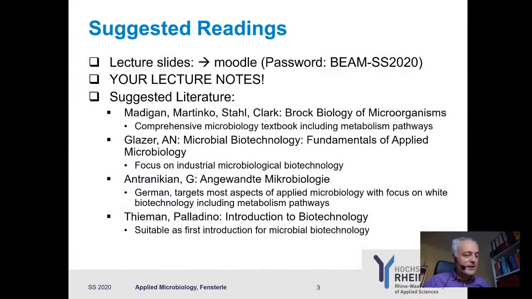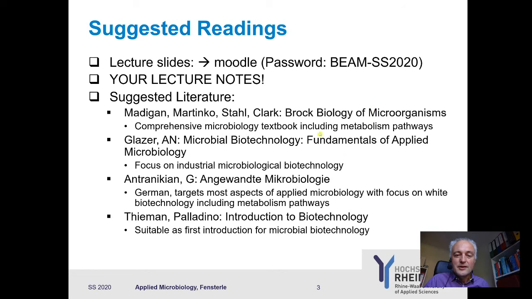The number one book here is rather this one, Brock Biology of Microorganisms. This is the book you should refer to, and this is certainly the most suitable book in this course.